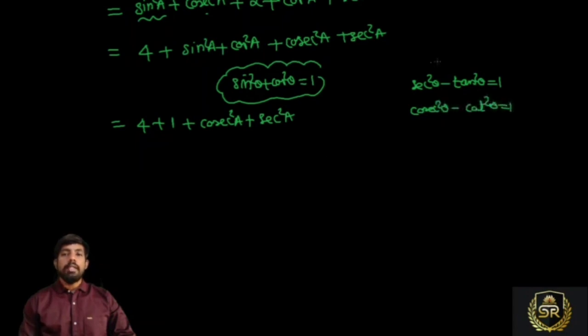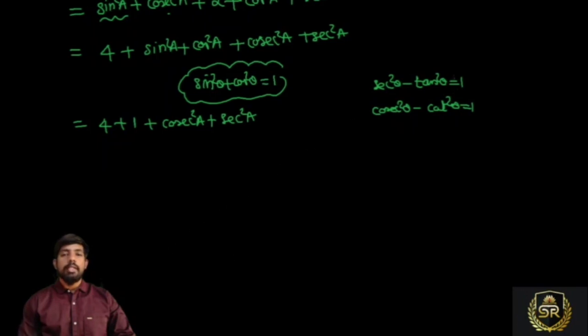These are the two remaining identities. So what I'm doing here is sending the tan and the cot to the right hand side. In the place of secant square theta, can I write 1 plus tan square theta? Yes, absolutely. In the place of cosecant square theta, 1 plus cot square theta.